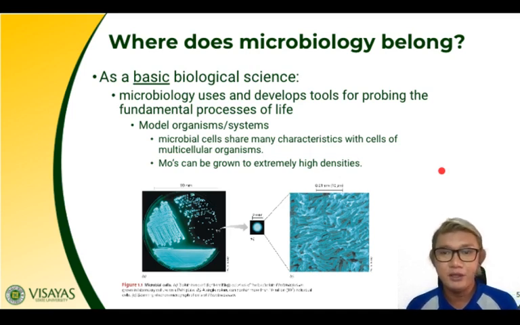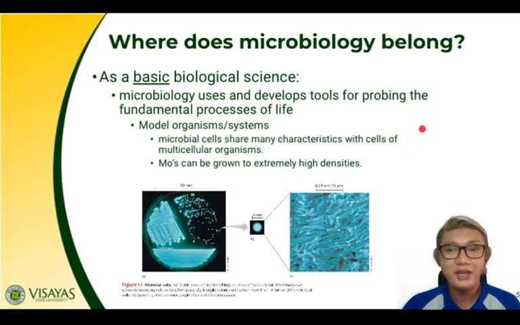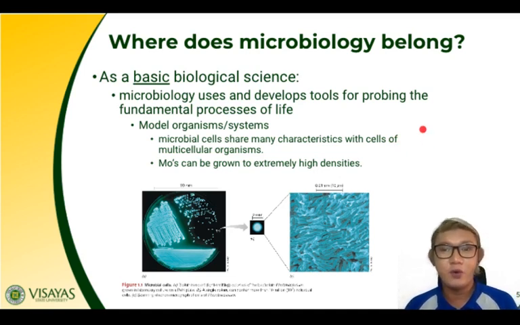Say, for example, the yeast Saccharomyces cerevisiae is a model system for multicellular eukaryotic organisms. So you don't need to study any higher organism in order to understand a fundamental process, if you can do it using the Saccharomyces cerevisiae species.